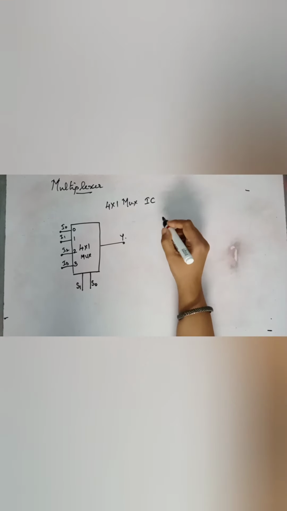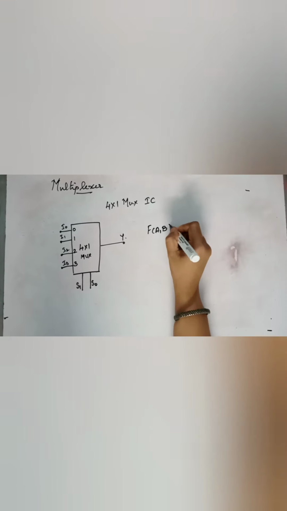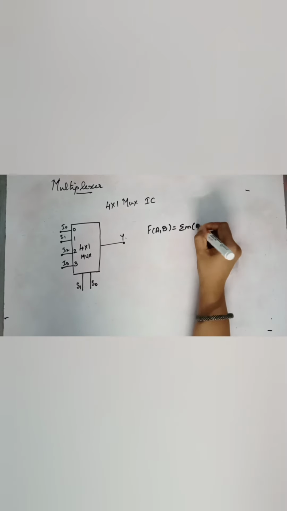how do we implement, suppose I'm getting a question like function of AB equal to sigma m 0, 1, 2.